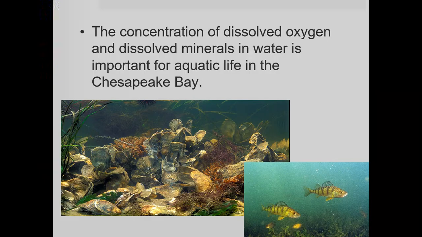It changes. So it's partially salt water, partially fresh water. It's called brackish. It's somewhere between, based on which force is more. If there's more rainwater, the bay is going to be more freshwater. If there's less rain, the bay is going to be more salty.